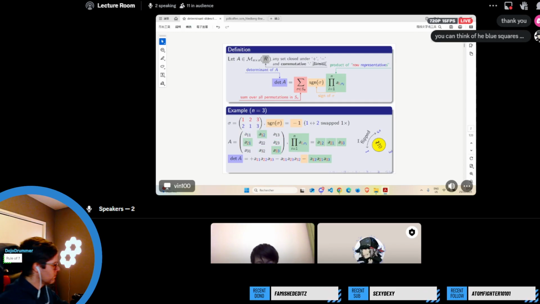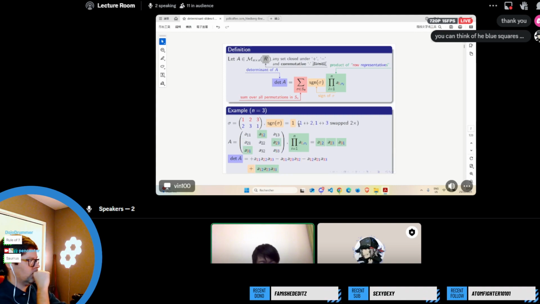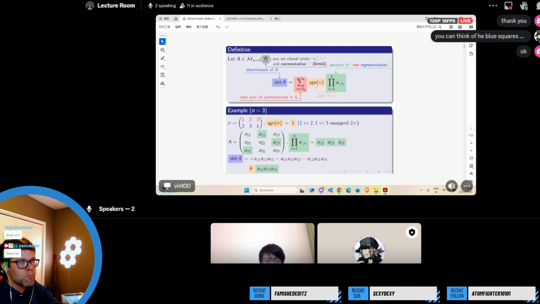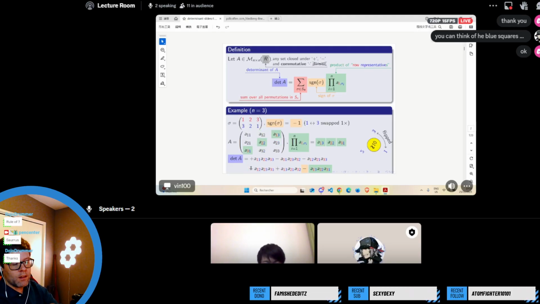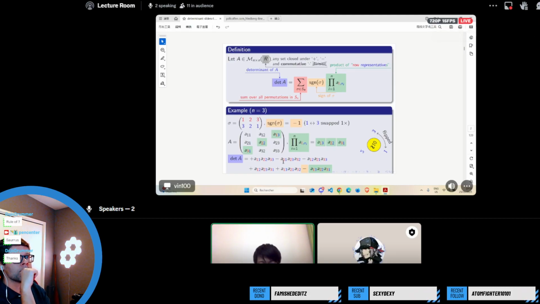If we swap 1 and 2, the sign is also -1. But if we swap 2 times, sorry, I'm too tired to draw the picture for it, the sign would be 1, and then we repeat it, and finally we get the formula for determinant A.